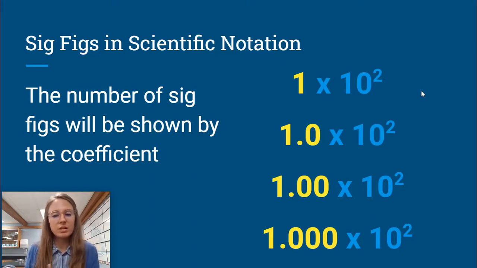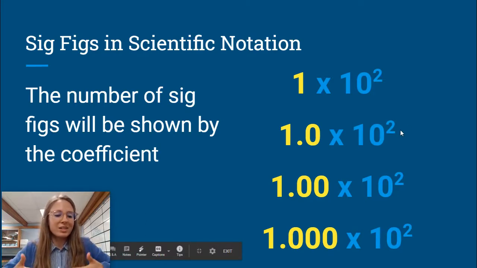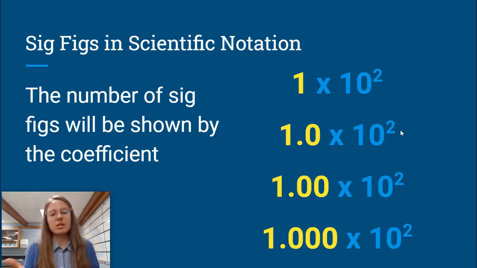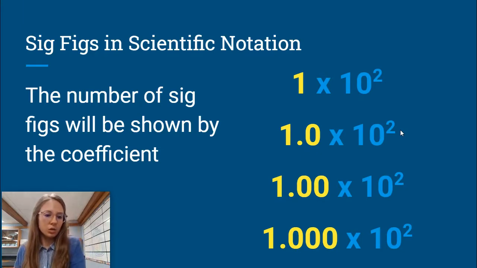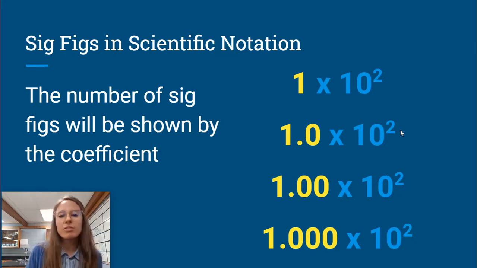So you have to put it into scientific notation like this, 1.0 times 10 to the second, to express to others that there are 2 significant digits in your measurement. If you only have 1, then you would just put 1 times 10 to the second.